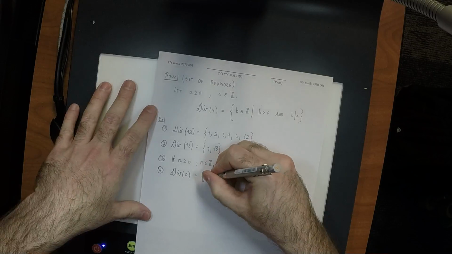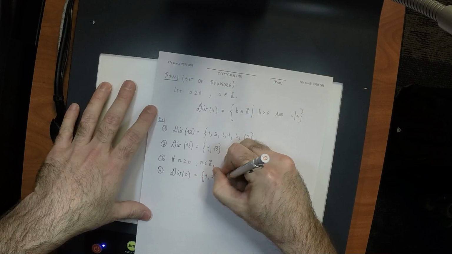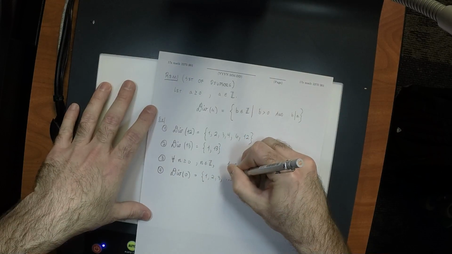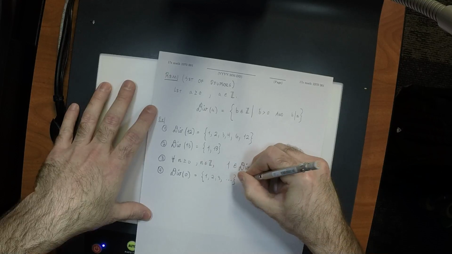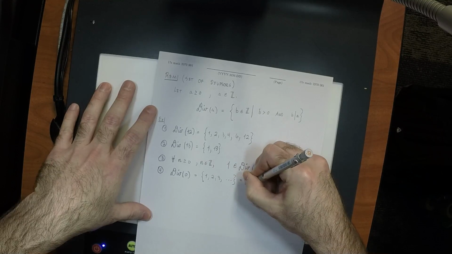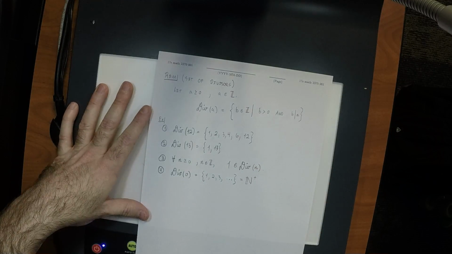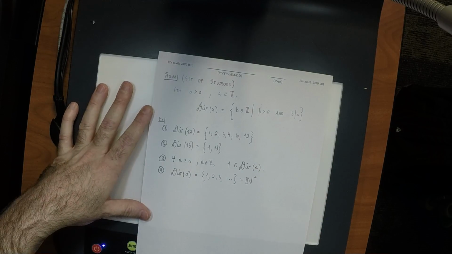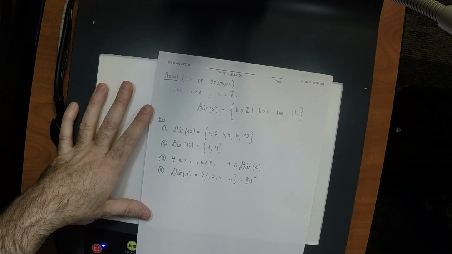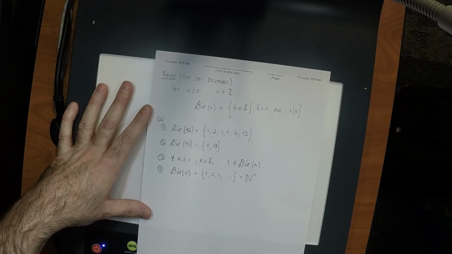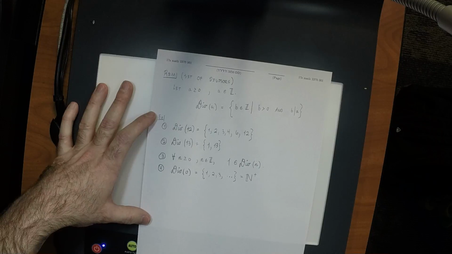So 1, 2, 3, ... which is to say the naturals. And I'll write a superscript plus just to make sure you understand that we're all in agreement, at least for this line, that the naturals don't include 0. So everything's a divisor of 0.